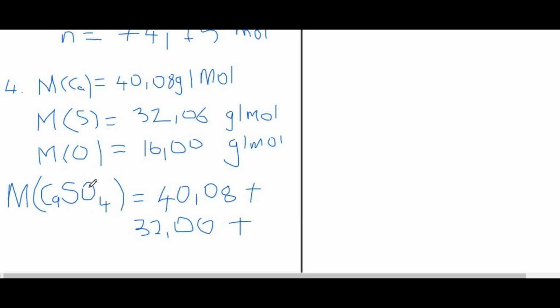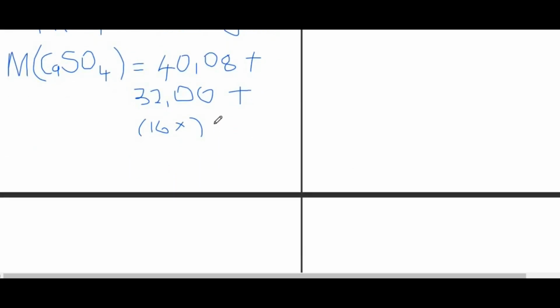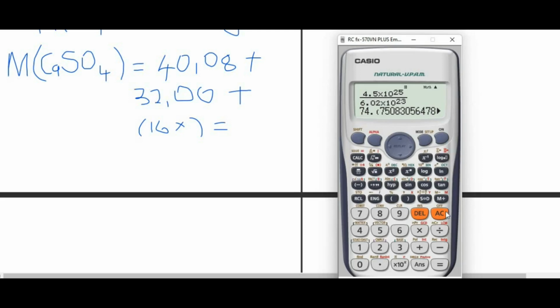I see there's oxygen, but there's 4 of them. It means that normally I like opening a bracket, say it's 16. However, there's 4 oxygens there, and then I put the whole thing on my calculator to find out what it is. Let's do that.